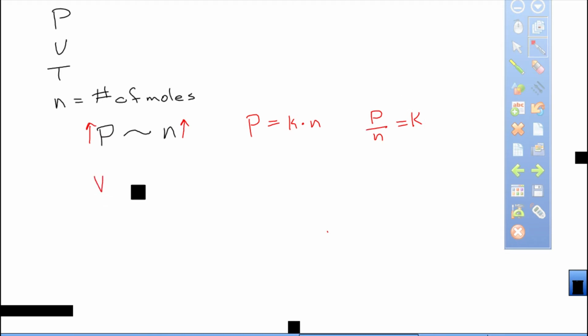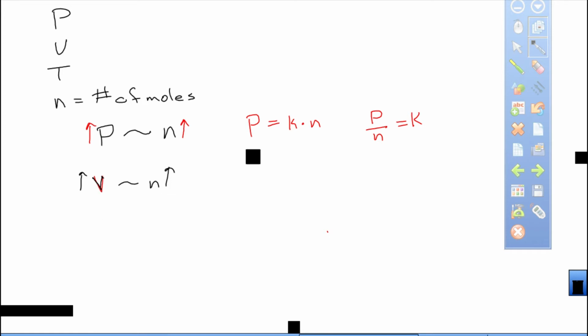So let's look at volume now. If we compare volume to moles, as the number of moles increases, if we want to keep the pressure constant, we don't want it to go up, and we're keeping the temperature constant, then the volume has to increase also. We have to give them a larger area to run around.